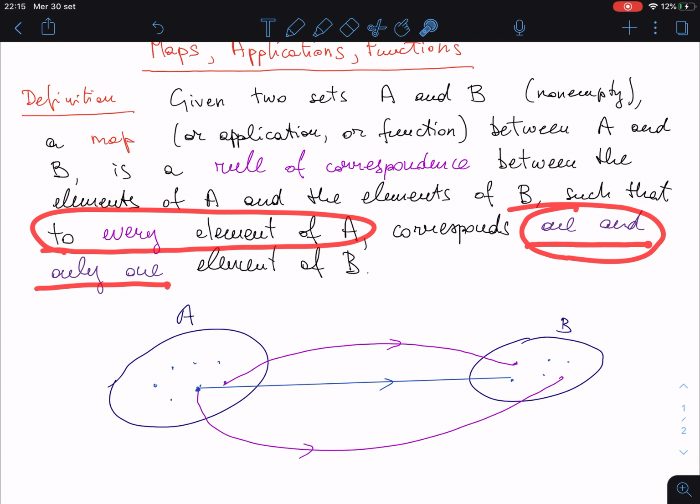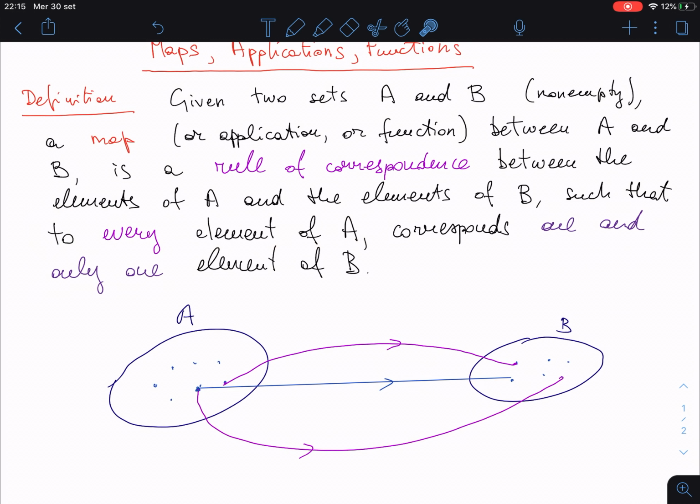One and only one is a strange way of speaking, but the idea is that there always corresponds one and only one. So in this case, we tried to let two elements of B, this guy here and this guy here, correspond to the same element of A, and this is forbidden by the definition of map, of function. You can do that, but then the correspondence you define is not a function. If you want to stay within the definition of function, you have to cancel one of the two correspondences.